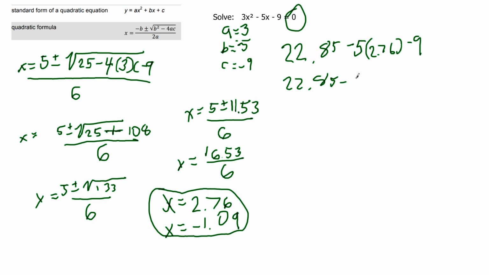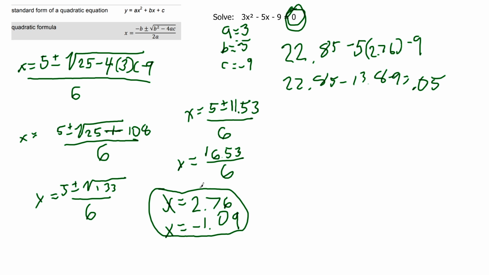So 22.85 minus 13.8 minus 9 is 0.05. Like I said, because of the rounding, it's not going to be exactly 0, but 0.05 is pretty close. So we can be confident that this x is right.